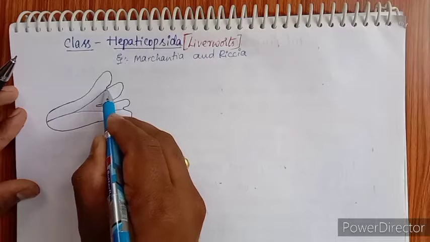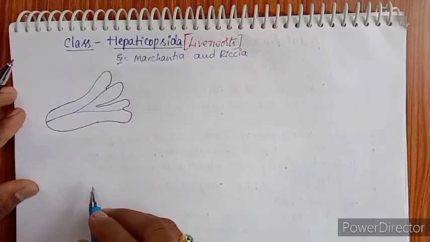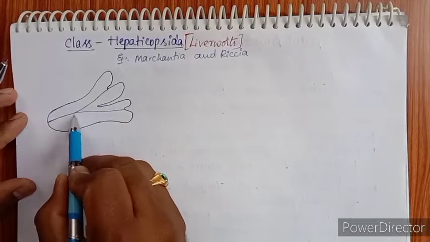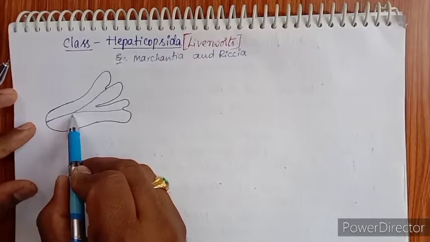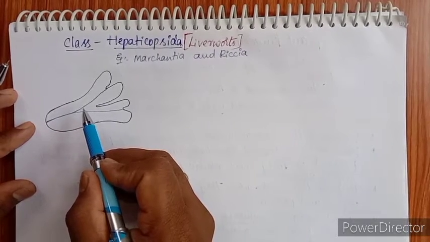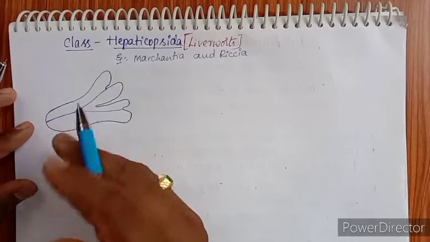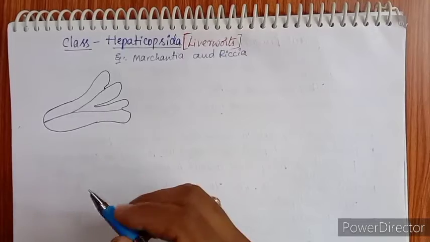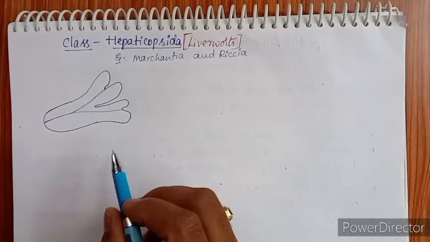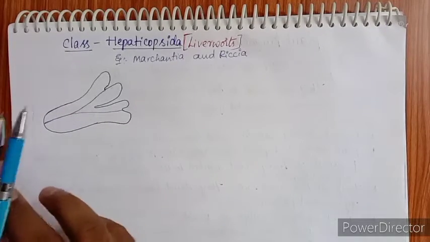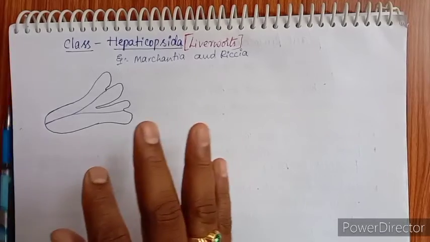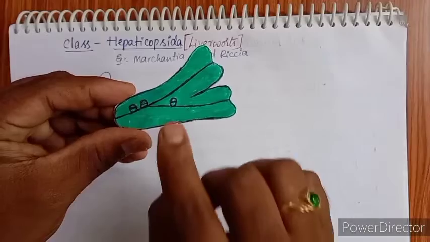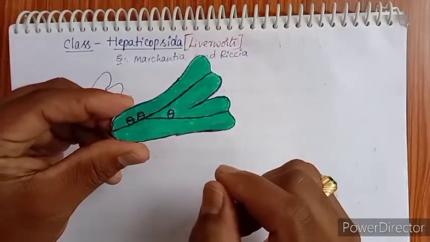The plant body shows dichotomous branching, and on both the dorsal and ventral sides there is a mid-median line, or midrib, which is prominent on the upper surface, called the dorsal surface, and the lower surface, called the ventral surface. The plant body is dorsiventrally flattened. See, this is Marchantia in a diagrammatic view.